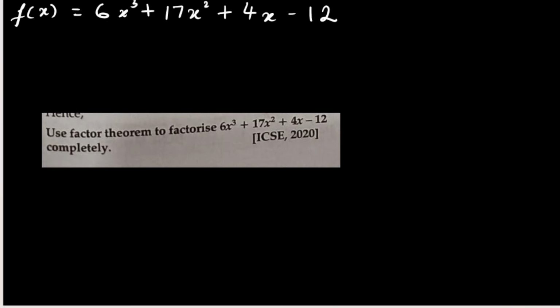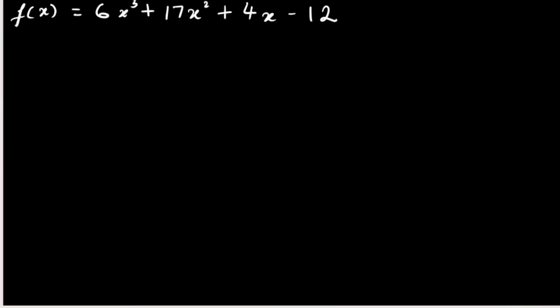So the polynomial is f(x) is equal to 6x cube plus 17x square plus 4x minus 12. So this is the given polynomial. We just have to factorize it. This is the third subjective type of question.